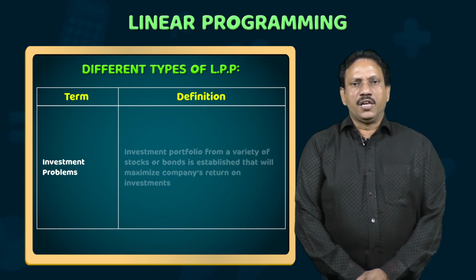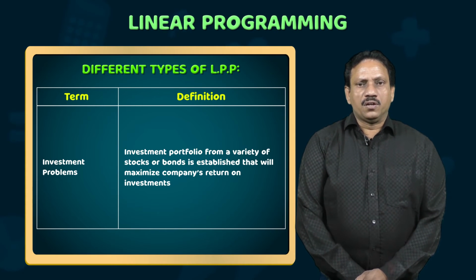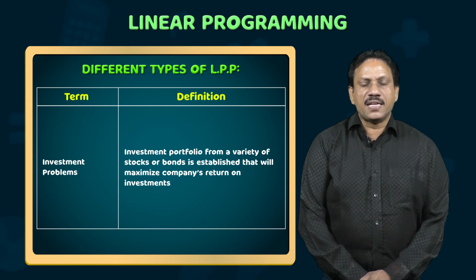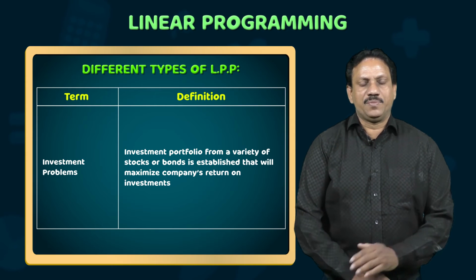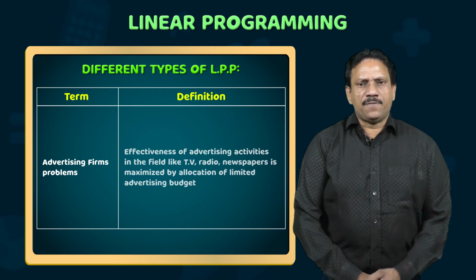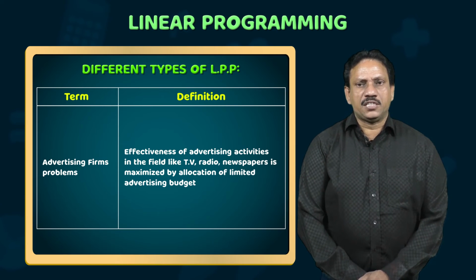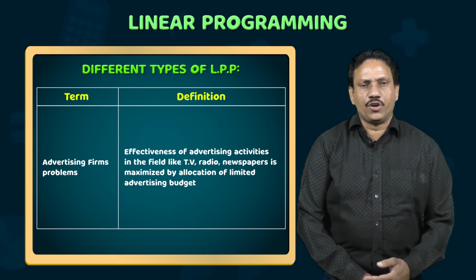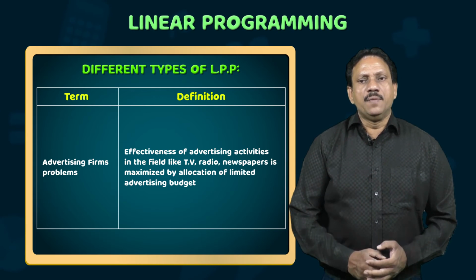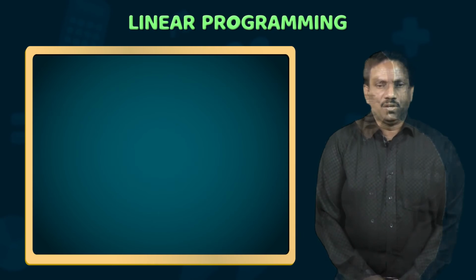Investment problems: an investment portfolio from a variety of stocks or bonds is established that will maximize the company's return on investments. Advertising firm problems: the effectiveness of advertising activities in fields like TV, radio, and newspapers is maximized by allocation of a limited advertising budget.